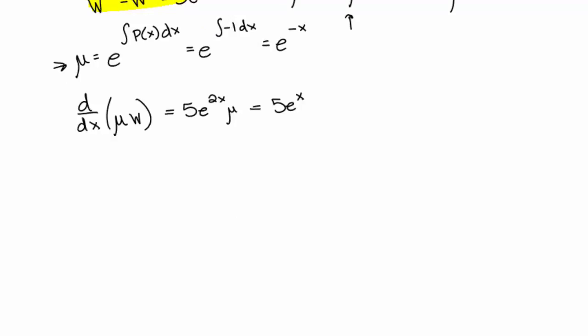And now you integrate both sides. So you'll get that mu w is equal to 5e to the x, technically plus a constant here. But as we know, that constant will actually disappear. I'll keep it in there just to showcase it. Okay. And then remember, mu was e to the negative x.